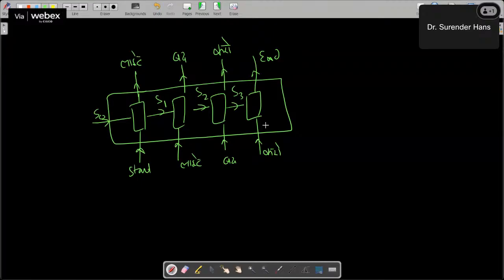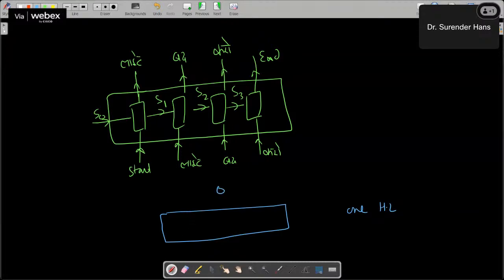Okay. So the point is the architecture of the encoder remains the same, but in the decoder you make a change. You add a neural network here. That is a feed forward neural network. In this, there is one hidden layer, and let's say three neurons, and one output layer.